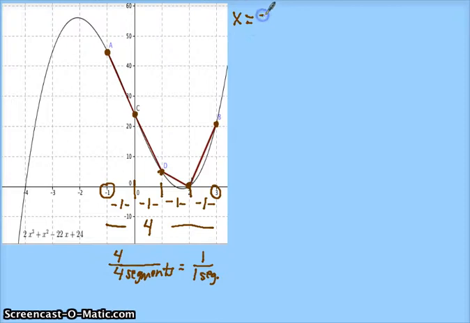So I need to find out what happens when x is equal to -1. I'm just going to plug this into my formula, making sure that I use brackets when I substitute a negative number.